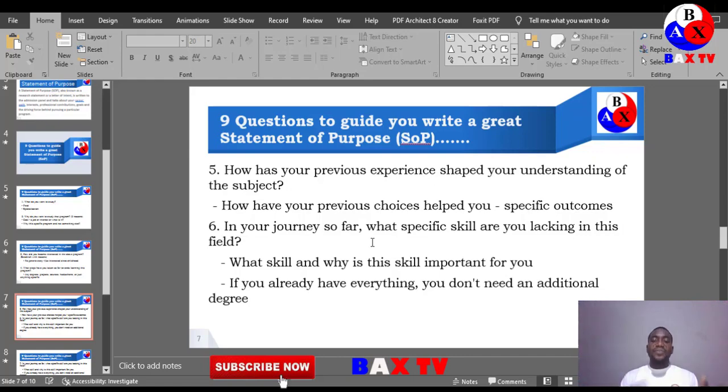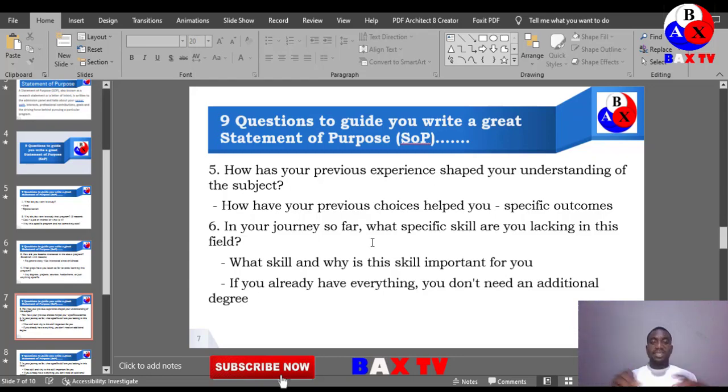State the skills that you feel you now have to learn, but you are lacking. In my journey so far, the skill that I'm lacking is the ability to hack into a complex system and understand how the cyberspace works deeply. This is the skill I lack.